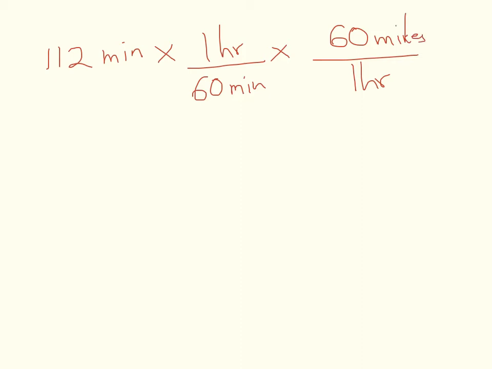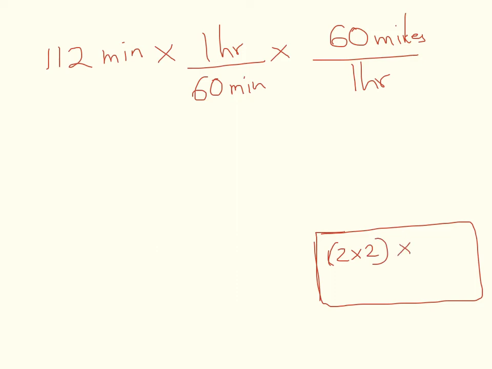Now, I'm going to deviate a little bit here. If there is a problem like this, 2 multiplied by 2 multiplied by 4 divided by 2 and 3, you divide this 2 with this 2.